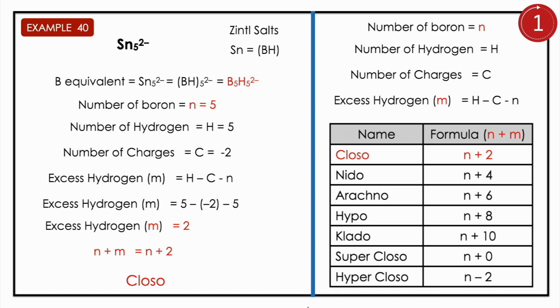The excess of hydrogen formula is M equals H minus C minus N. If you substitute the values, you have 5 minus of minus 2 minus 5. If you solve it, you have M equals 2. M equals 2 means it is an N plus 2 system. By looking at the table, you can clearly see the compound has Closo structure. So according to Wade's rule, the Zintl salt Sn5 2 minus has the Closo structure.